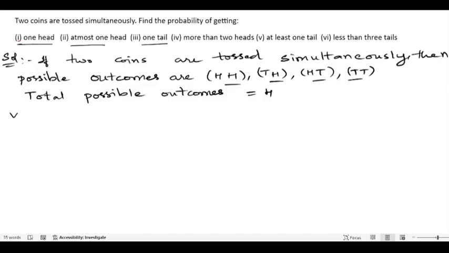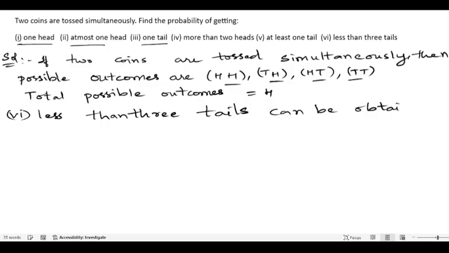Now sixth bit, less than 3 tails. So when can it be obtained?